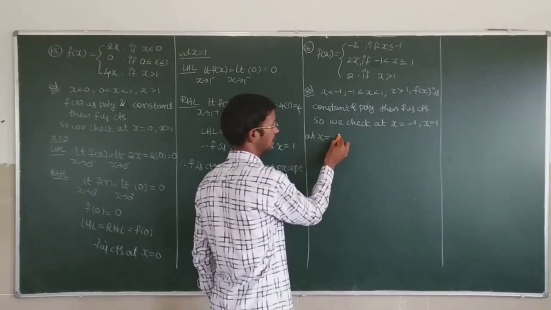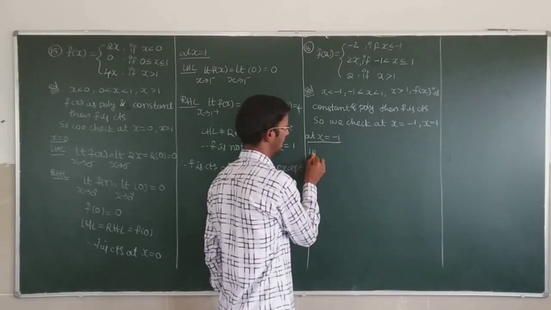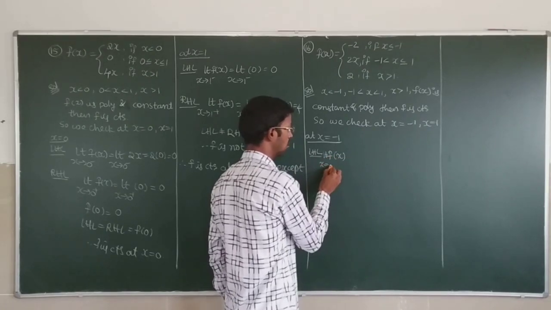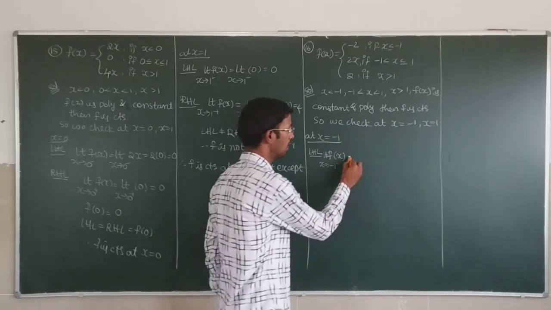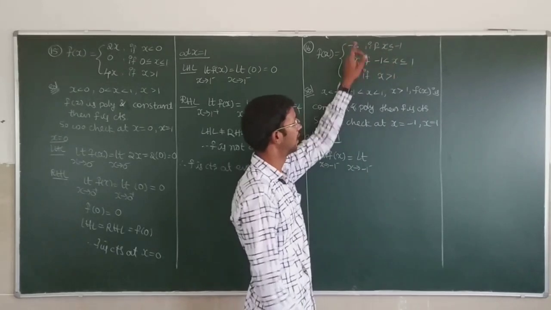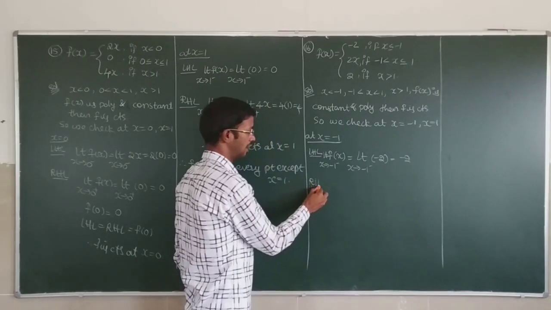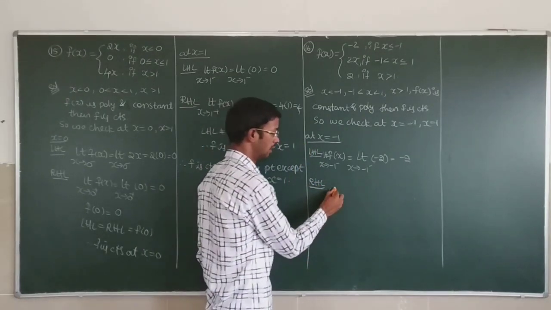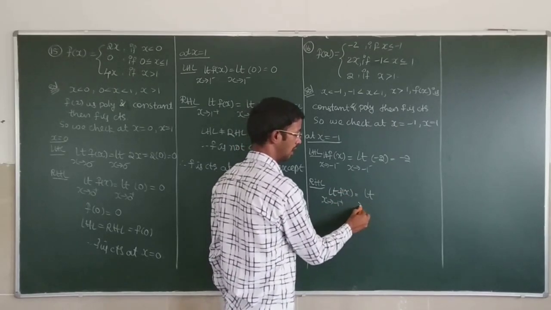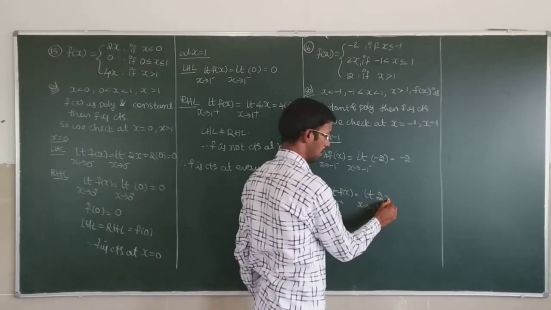At x = -1, first I am finding x = -1. LHL first: I will find f(x), the limit as x tends to -1 minus. For less than -1, the value is -2. RHL part: limit as x tends to -1 plus of f(x). For greater than -1, it is 2x.